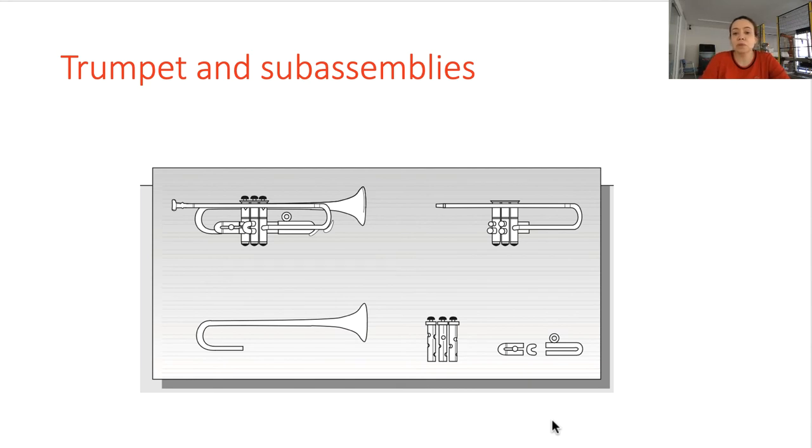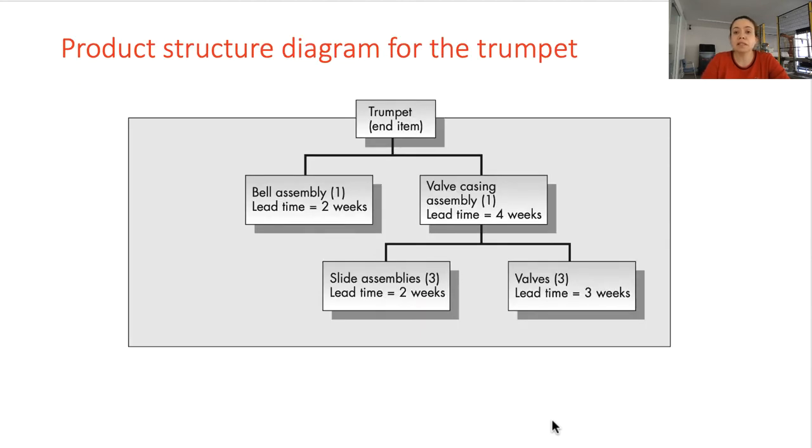This figure shows the components of this trumpet. And here is the bill of materials for this trumpet. Here we have the end item trumpet and we have components, bell assembly and valve casing assembly. The amount of these assemblies required for the end item is 1.